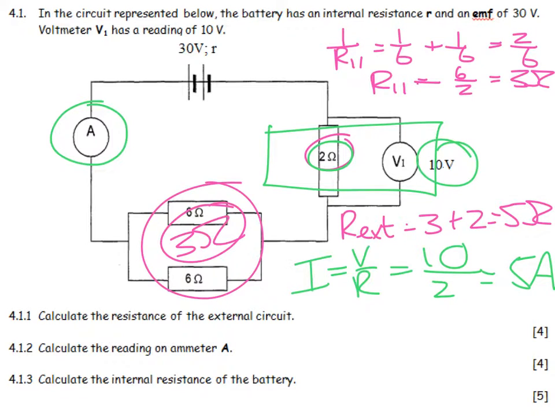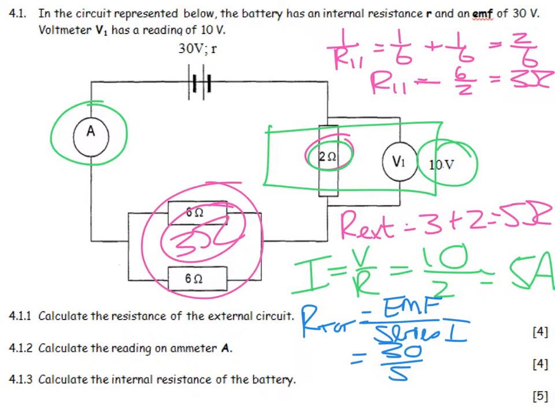Then I'm going to say calculate the internal resistance of that battery. So I'm going to first worry about what is the total resistance. R total is equal to the EMF divided by the series current. My EMF, I was told, is 30. My series current is 5, and I land up with 6 ohms.